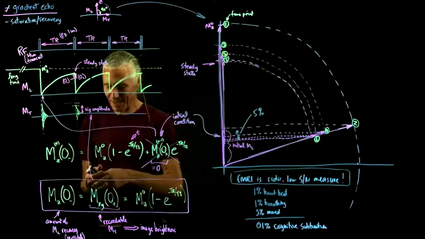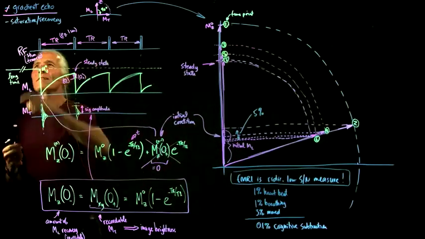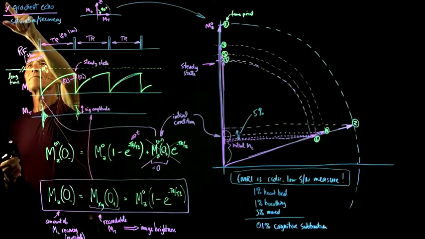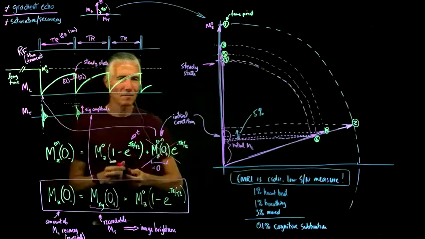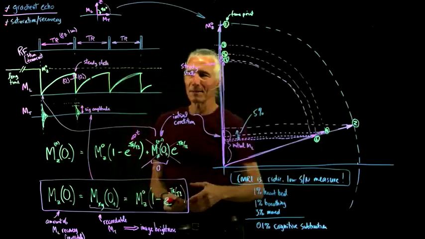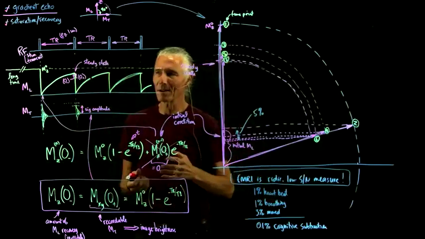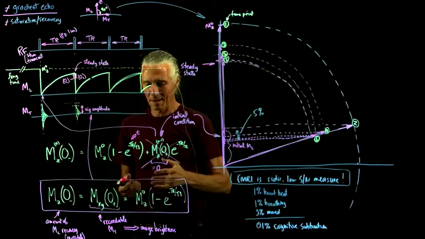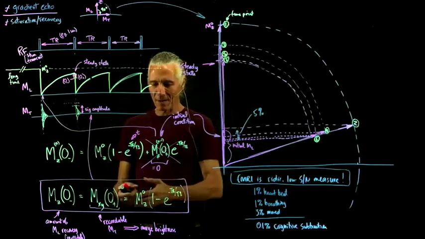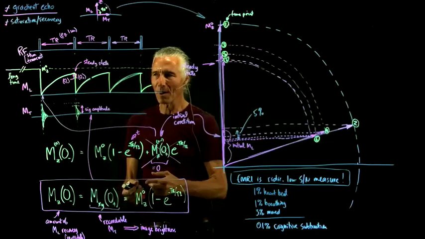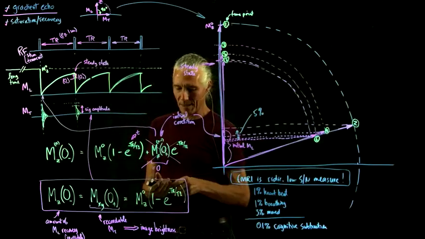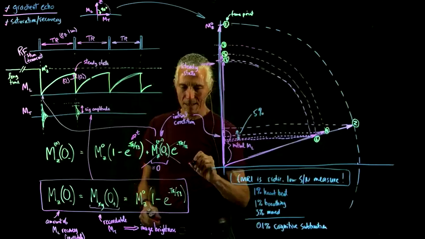So gradient echo, sort of the inferior cousin to spin echo. You mess it up and then fix it, but we do that because we almost always have to have the gradient on. And then saturation recovery, this is the solution to the T1 part of the Bloch equation.